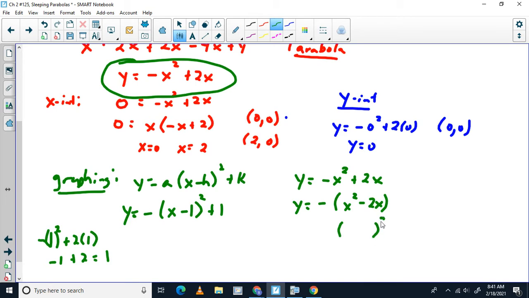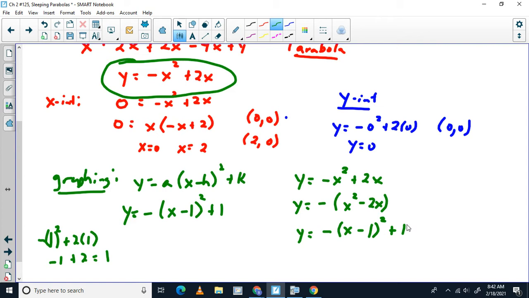Then I'd think about taking half of the 2. Now, notice on this one, we didn't have a constant over here. So when I square the 1, that's going to give me 1. I'm going to multiply that by -1. So now that's -1, but I really wanted 0. So I had to add 1, and I get to that same equation.